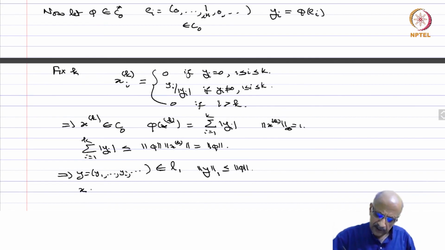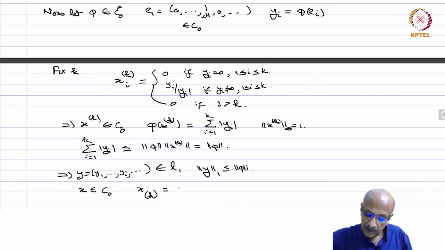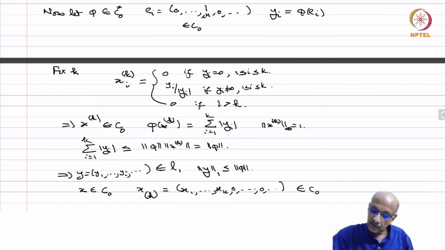So now let x belong to C0. Now you define x(k), with a bracket below, as just a truncated sequence x1 through xk, 0, 0 and so on. So this also belongs to C0.